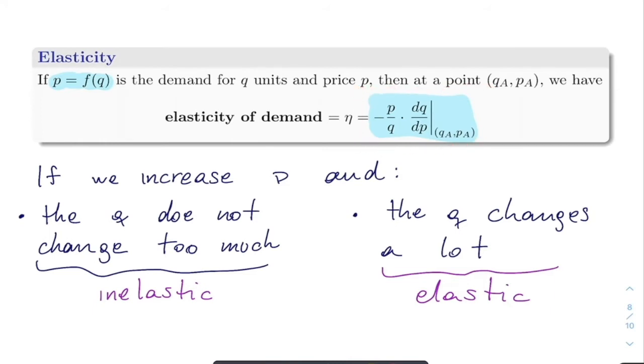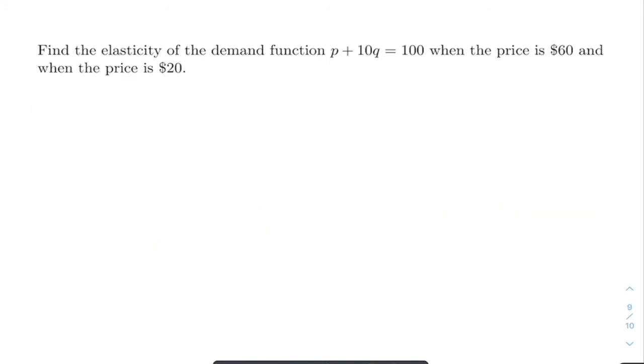So let's work an example. We want to find the elasticity of the demand function. This is our function, P plus 10Q is equal to 100, in two cases, when the price is $60 and when the price is $20. So let's see how to solve this problem. First, let's start remembering the formula for the elasticity.